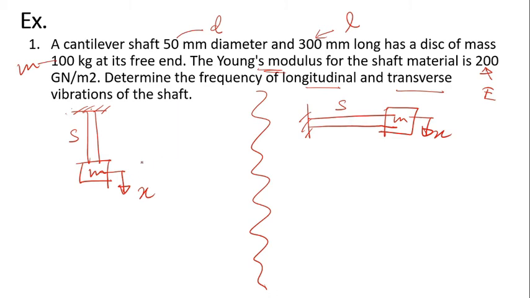The displacement is downwards, therefore x double dot, or the acceleration, is also in that direction, and the restoring force is opposite to the direction of motion, therefore Sx, which is the restoring force, is acting upwards. So here it's the same: downwards you have the acceleration and upwards you will have the restoring force.